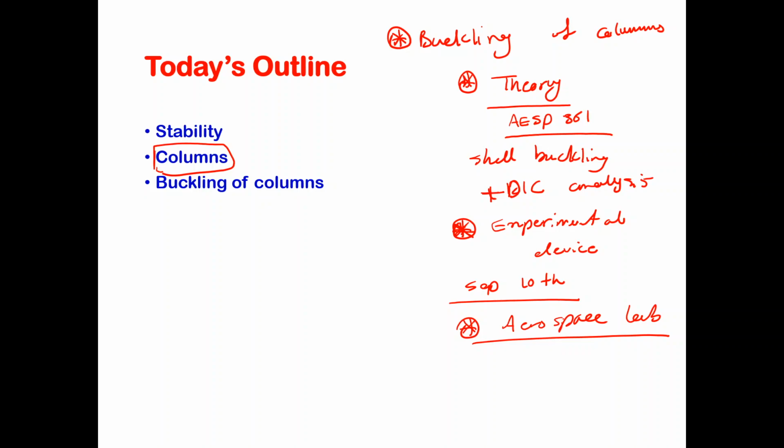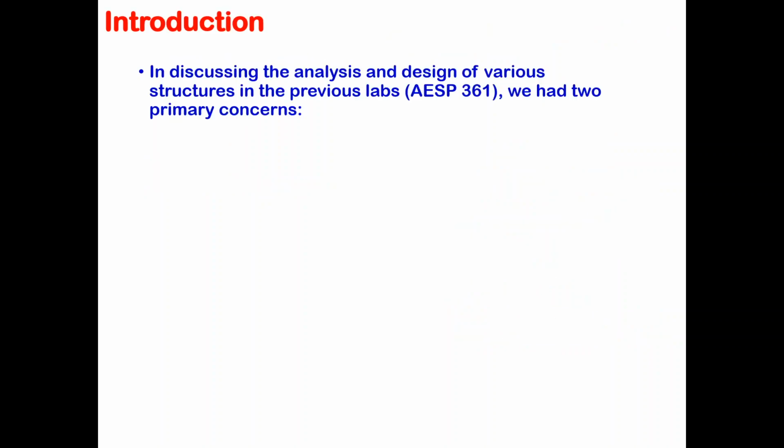Then we will talk about the buckling failure and different important parameters in the buckling failure, like different types of supports and how they lead to different equations to find the buckling load essentially.